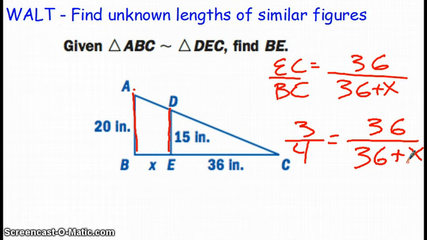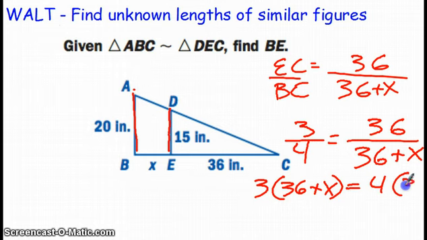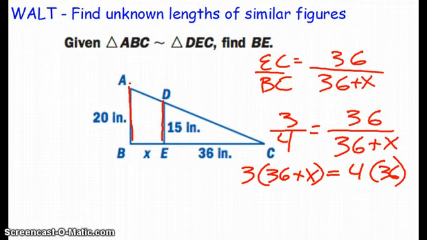So we're going to multiply 3 times 36 plus X, and that's going to be equal to 4 times 36. Now, if we use the distributive property, we're going to get 108 plus 3x equals 144.